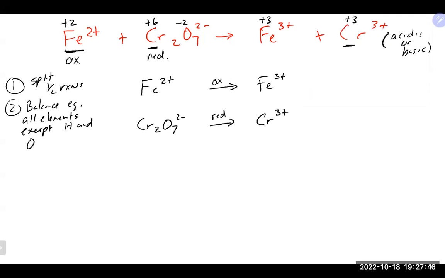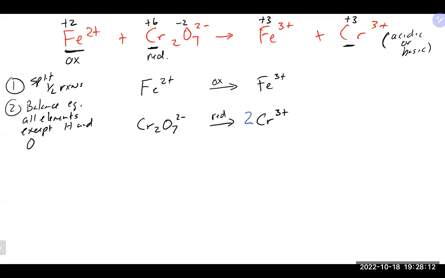The way we do that is just like in the normal balancing of an equation. We're just going to use a coefficient. When we look at the iron, we have one iron on the left and one on the right, so we don't have to do anything with that. When we look at the chromium, there are 2 on the left and 1 on the right. So again, just like a normal balancing equation, a 2 in front of it.